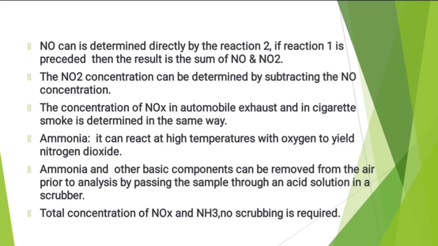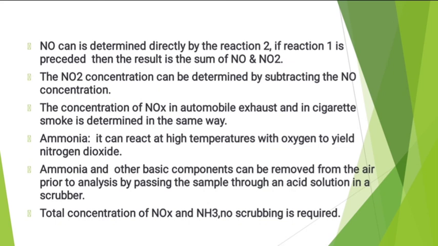Usually the sample is converted with the aid of a glass frit to small bubbles that flow through the solution. If the concentration of ammonia is required, the total concentration of NOx as determined after scrubbing is subtracted from the total concentration of NOx and NH3 as determined with no scrubbing.